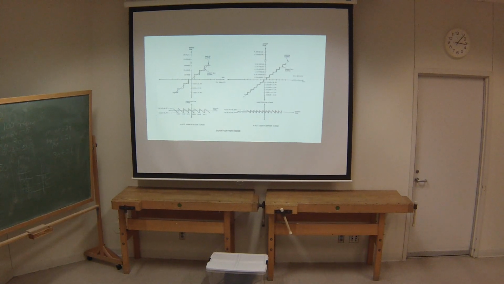Now, in addition to the fact that you need to sample your signal fast enough, you also need to assign enough bits to each sample. And what we're showing here is this. This is referred to as quantization noise or error.